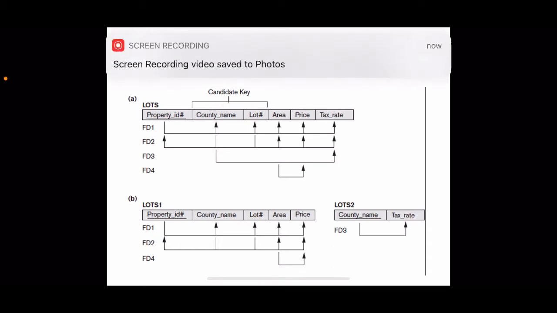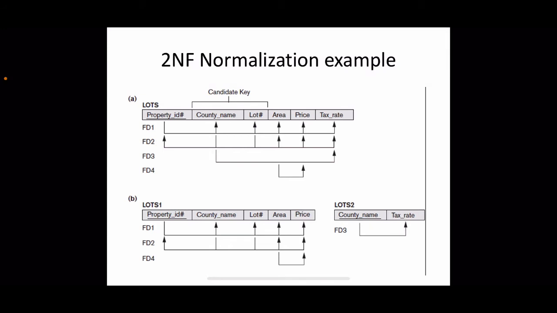Suppose that the following two additional dependencies are also there. FD3: the county name determines the tax rate. And FD4 states that the area determines the price. So we have two more dependencies based on the nature of this land.